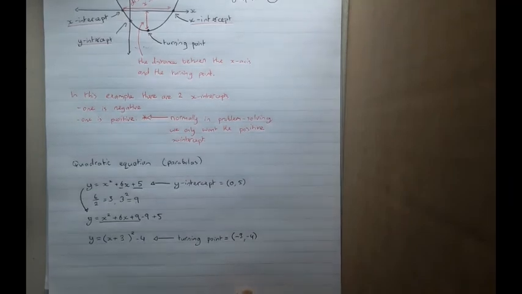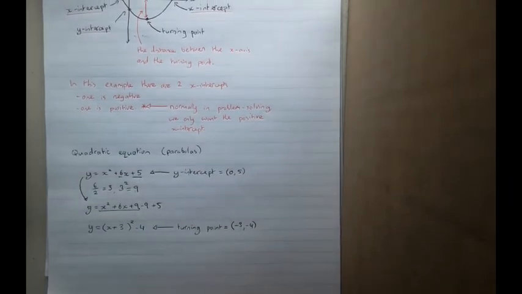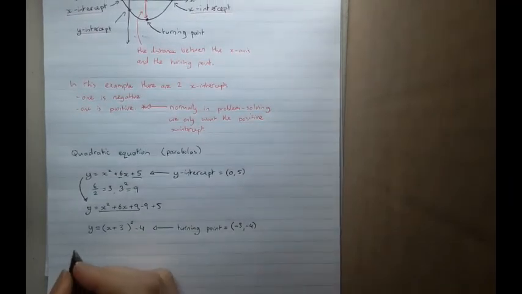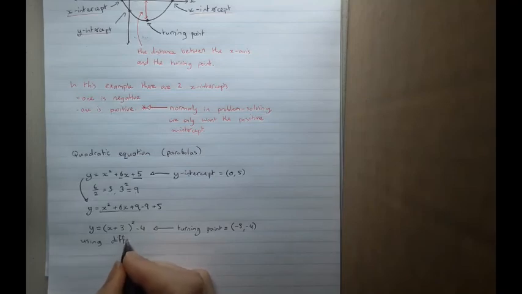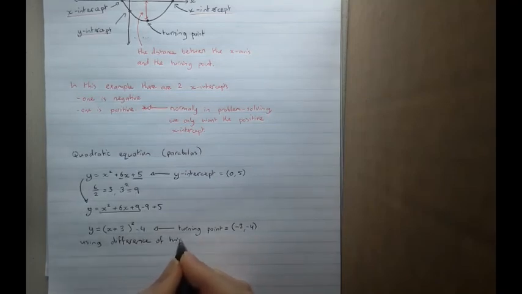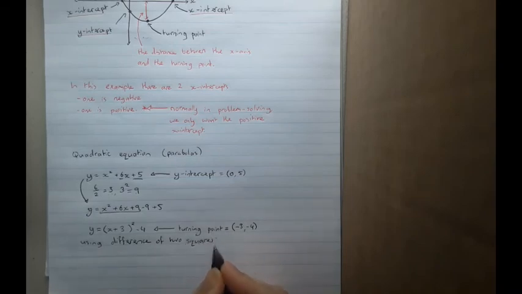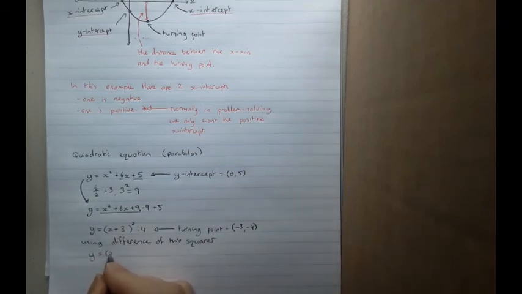And if we wanted to fully factorize it and find our x-intercepts, we need to use the difference of 2 squares. So using difference of 2 squares, we can write this as y is equal to x plus 3 squared minus 2 squared.